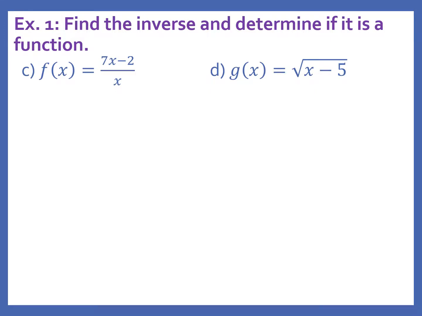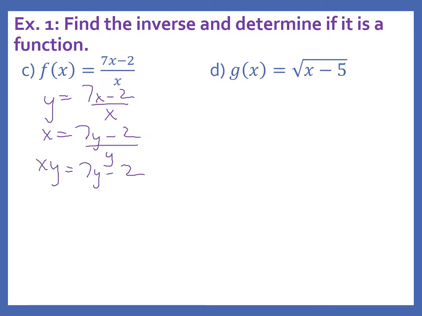Part C and part D. Change that to y. 7x minus 2 over x. Switch your x's and y's. Cross multiply, xy equals 7y minus 2. Put your y's together.